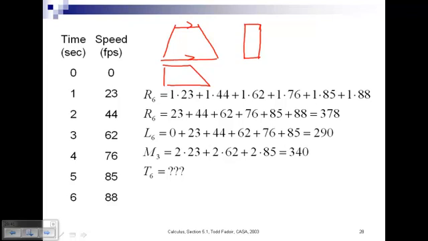So if it has two pairs, it's still a trapezoid. Wait, that's a rectangle. A rectangle is a trapezoid. All rectangles are trapezoids. Did you hear her? All rectangles are trapezoids.